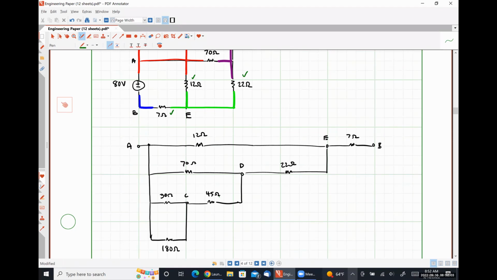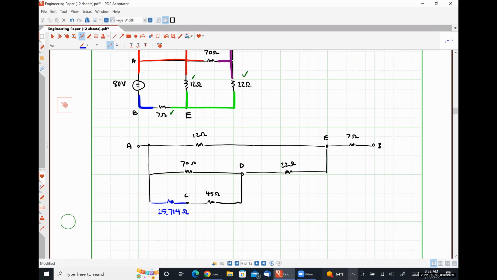25.714. All right, so I'm going to replace these two resistors with a single resistance between A and C. That is 25.714 ohms. Now I can see that I have two resistances in series, excuse me, 25.714 is in series with 45.